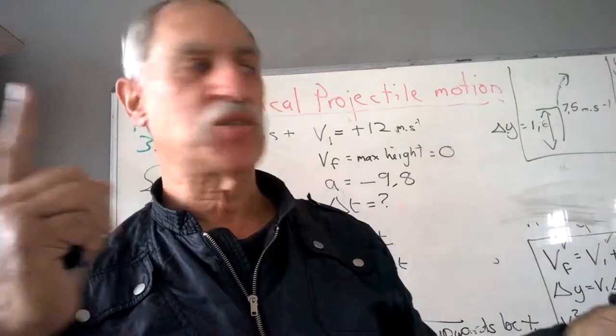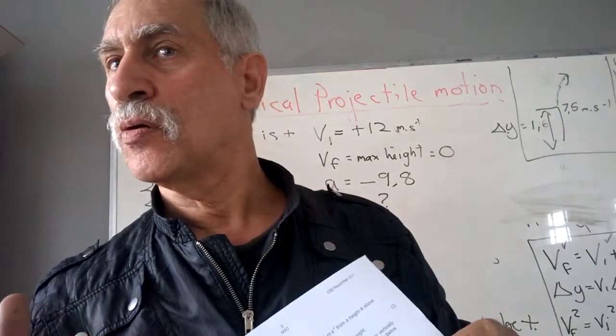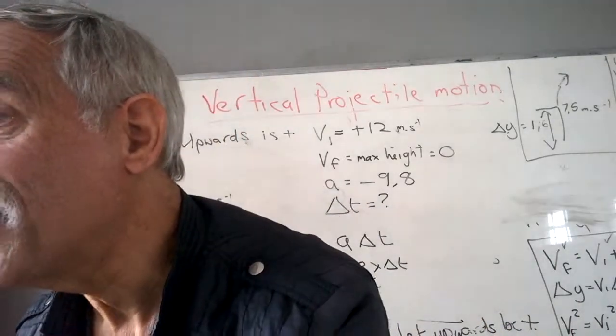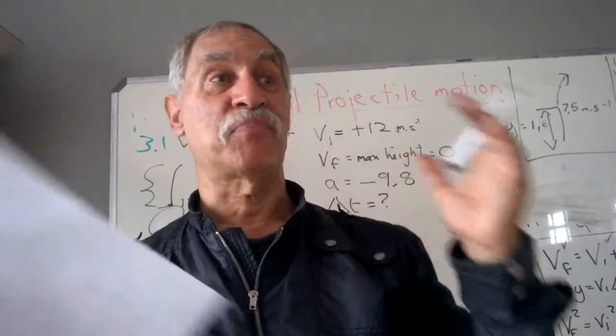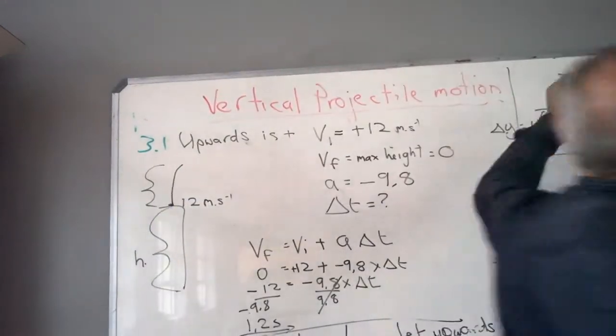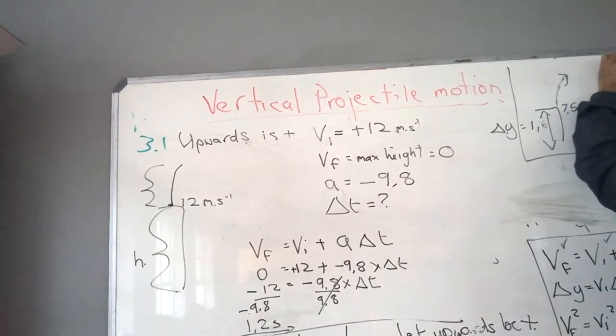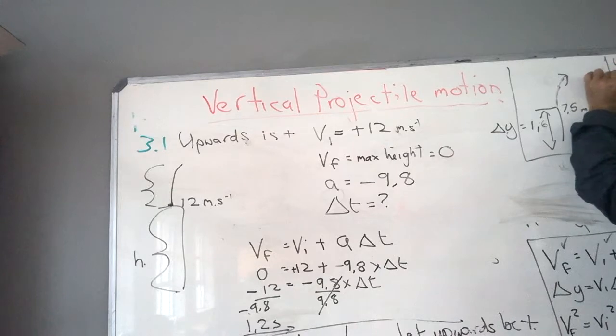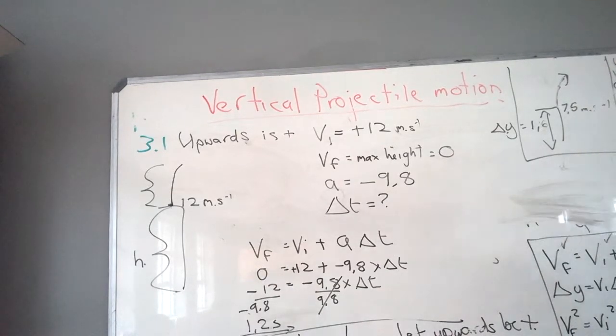So what is the initial velocity? Its initial velocity is 7.5. Now is it plus or minus? You see, it's very important we make note of it. Okay, so the initial is plus 7,5 meters per second. What is acceleration in all projectiles?